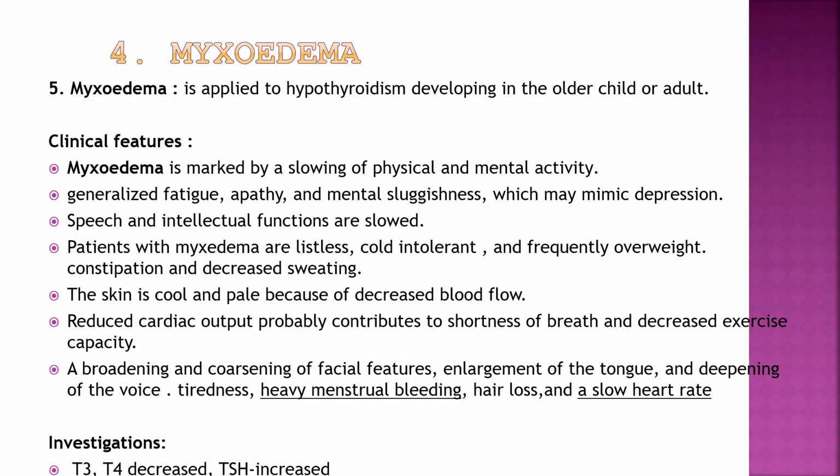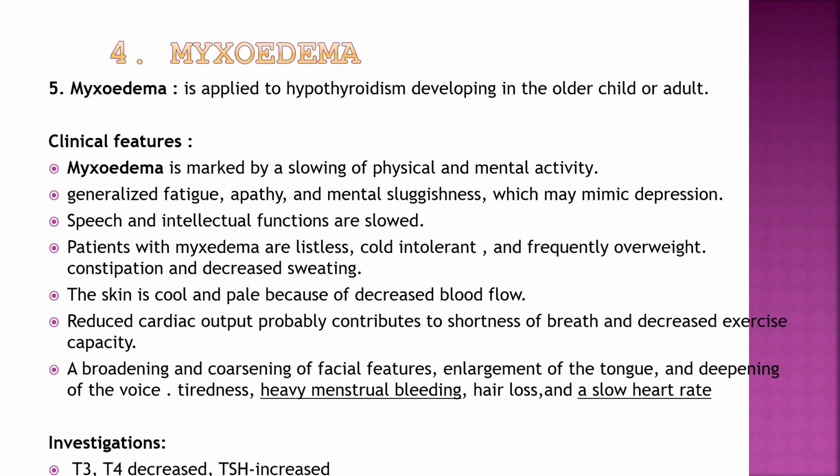Myxedema is hypothyroidism developed in the older child or the adult. Clinically, myxedema is marked by slowing of physical and mental activity, generalized fatigue, apathy, and mental sluggishness, which may resemble depression. Speech and intellectual functions are slowed and they are listless and cold intolerant. Frequently they are overweight, with constipation and decreased sweating; the skin is cool and pale because of decreased blood flow.